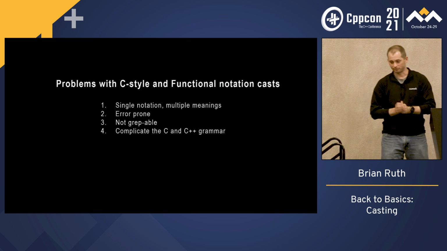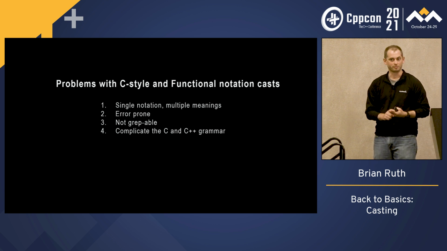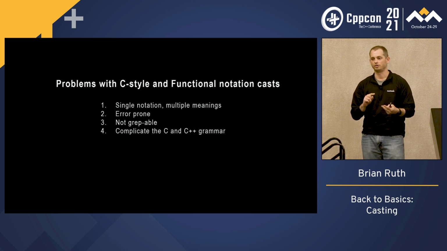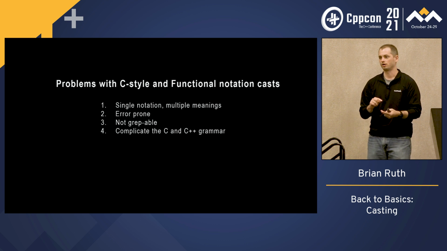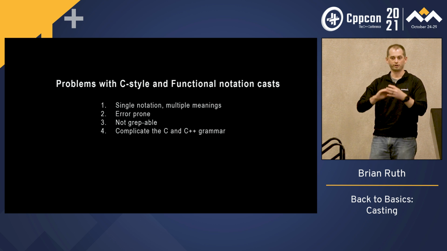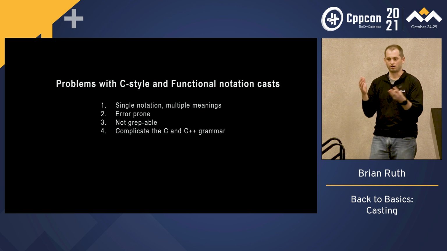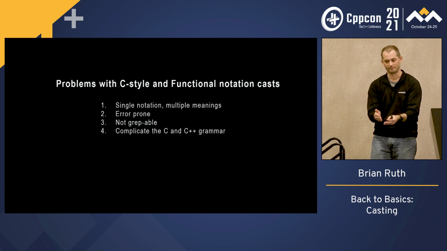So there are some problems with C-style and functional notation. There's a single notation with multiple meanings. Are you indicating that you're truncating a variable? Are you creating a new variable? Are you calling a function? Is this an argument? Are you totally reinterpreting what the bits mean? All of these things are indicated by the exact same syntax.